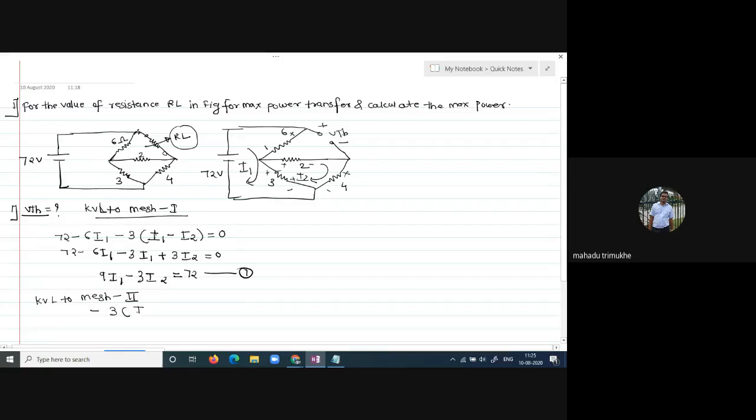That is common between 2 and 1, that is minus (I2 minus I1), minus again the current going through the 2 ohm resistor, that is 2 I2, minus the current flowing through the 4 ohm resistance, minus 4 I2, is equal to 0. You simplify this and you will get minus 3 I1 plus 9 I2 is equal to 0.